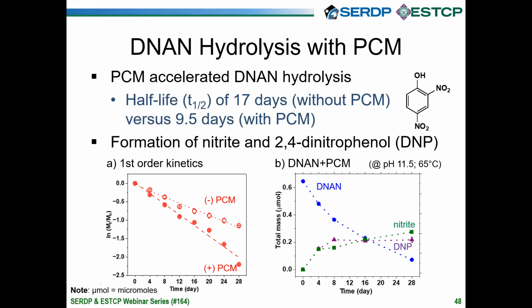As you can see, the addition of PCM was able to shorten the half-life of DNAN from 17 to 9.5 days. As shown in panel B, as DNAN disappeared, we observed the formation of nitrites in green and 2,4-dinitrophenol in purple.